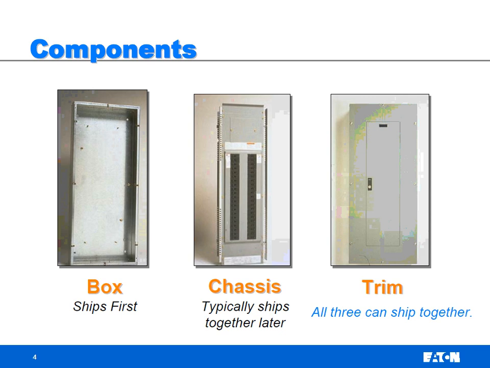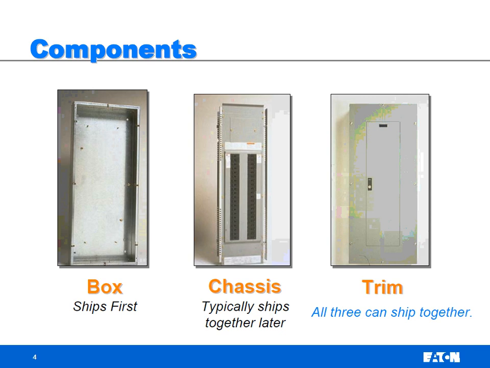The second part of the panel board is the chassis. The chassis is really everything having to do with the panel board electrically. So you'll get a place where you're going to land your cables, maybe some breakers, some lugs, and a dead front cover that covers the breakers on the front of that. That mounts inside of this box.